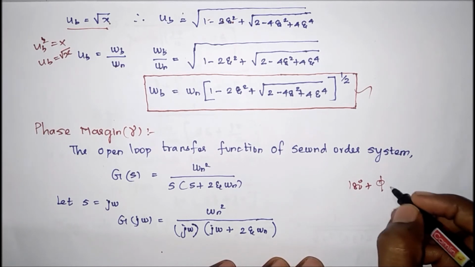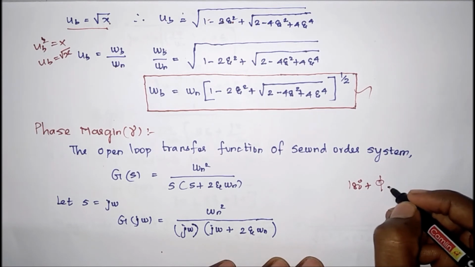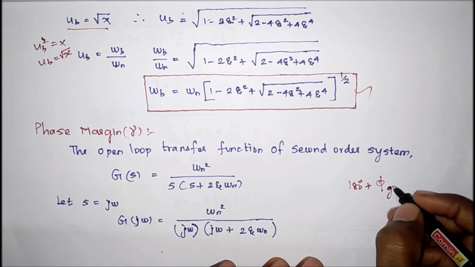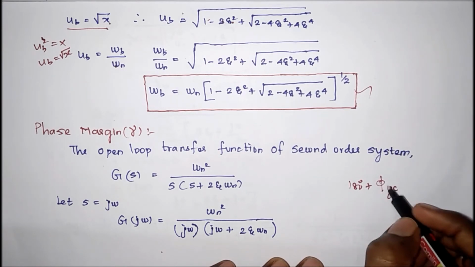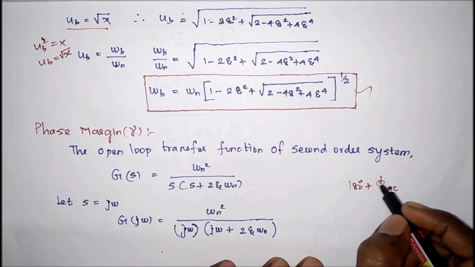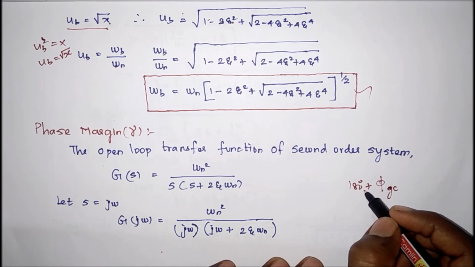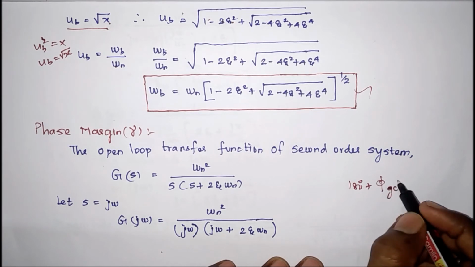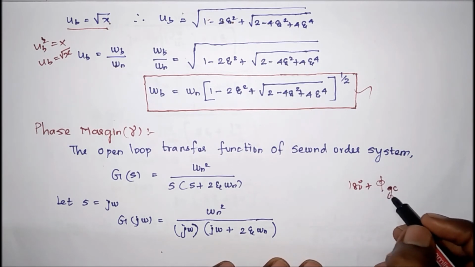So the angle to be added is the angle at which gain crossover frequency occurs. So the angle at gain crossover frequency will be added with 180 degree to bring the unstable system to stable system. That is the definition for phase margin.